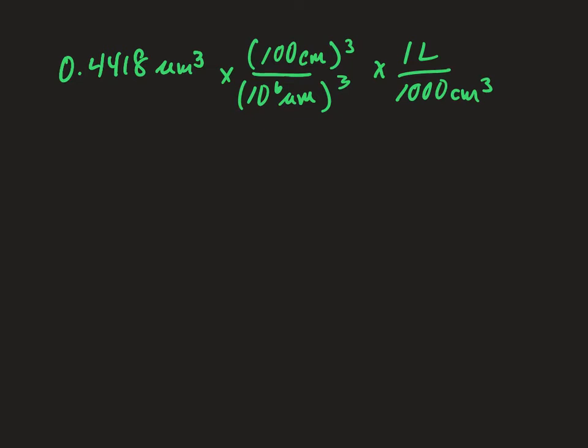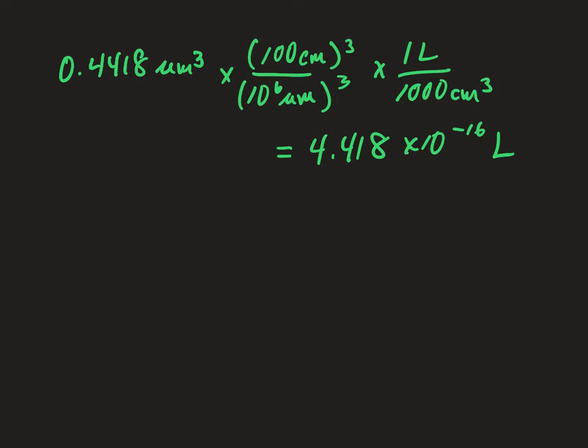And so we end up with a number like 4.418 times 10 to the minus 16 liters. So the volume of one mitochondrion is about 4 times 10 to the minus 16 liters.